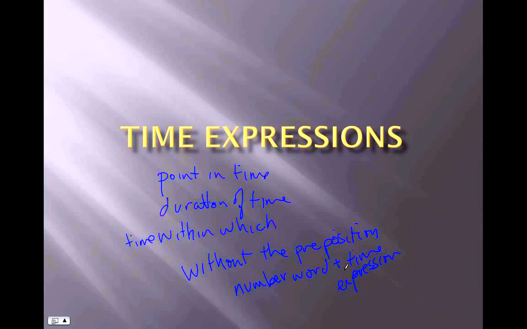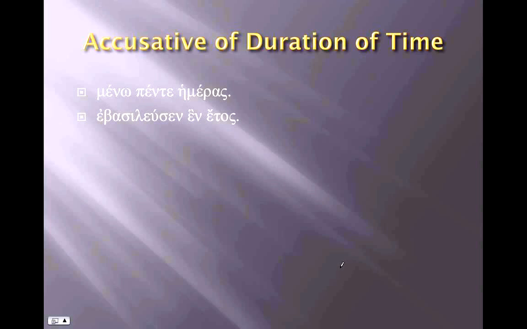And by time expression, I mean year, day, hour, month, whatever it might be. So first we have the accusative of duration of time, and I'm going to work backwards in terms of the cases, from most useful to least used.